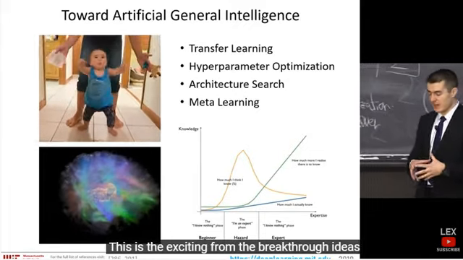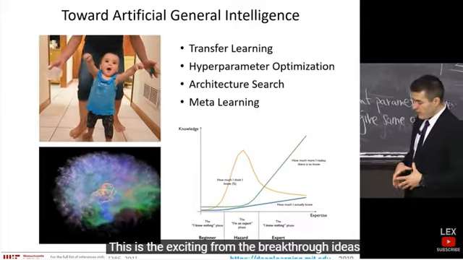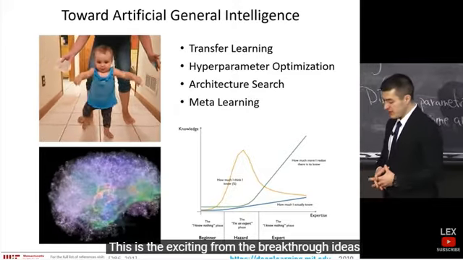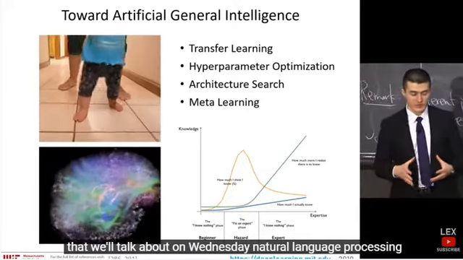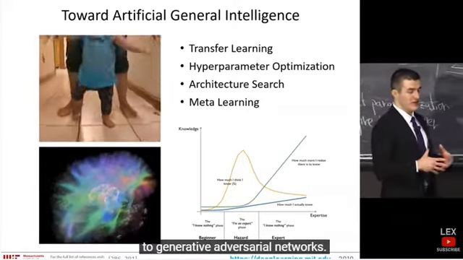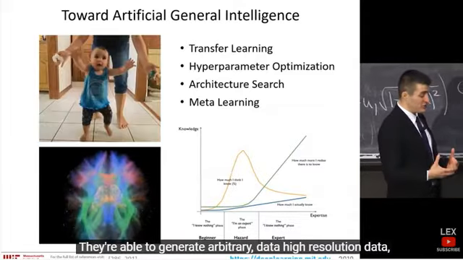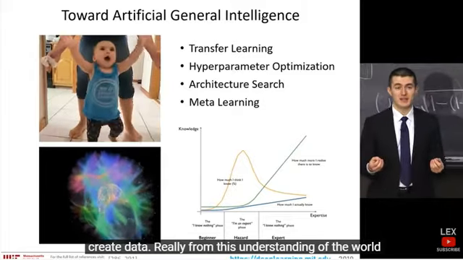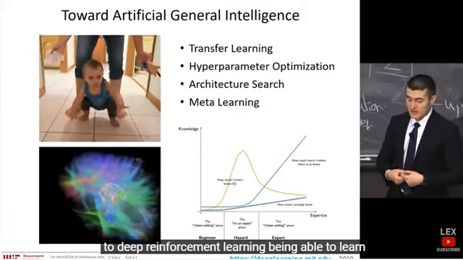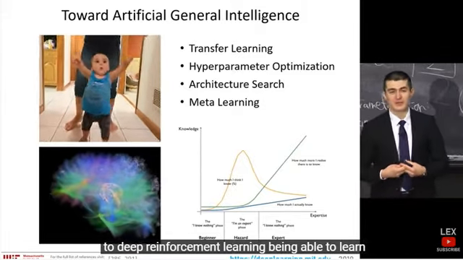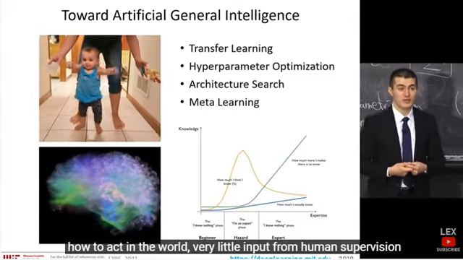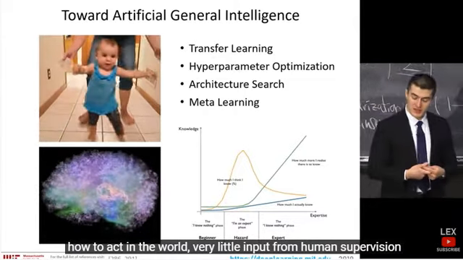This is the exciting, from the breakthrough ideas that we'll talk about on Wednesday, natural language processing, to generative adversarial networks, which are able to generate arbitrary, high-resolution data, create data really from their understanding of the world, to deep reinforcement learning, being able to learn how to act in the world with very little input from human supervision.